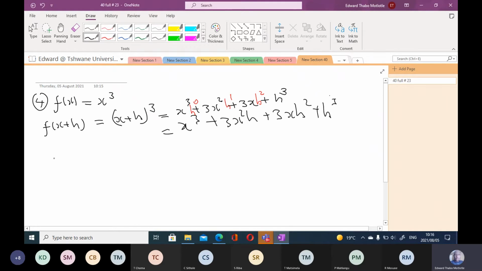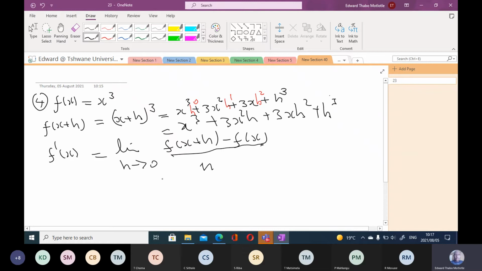Now we want to determine f prime. f prime of x is equal to the limit as h approaches 0, I'm used to x, but I can clearly see there's something wrong, of f(x plus h) minus f(x) all over h.